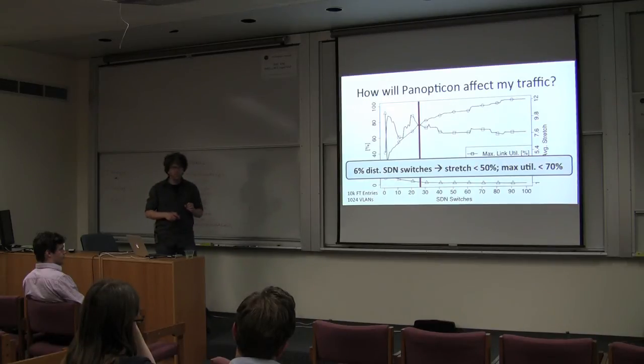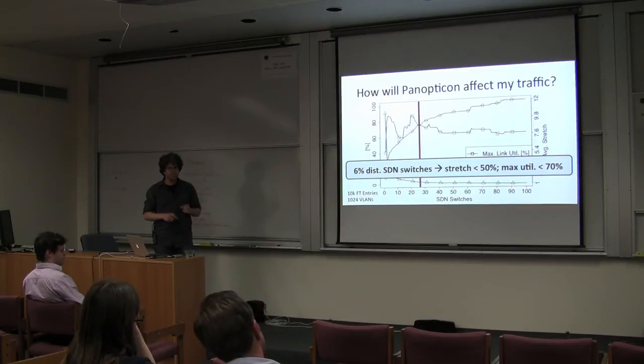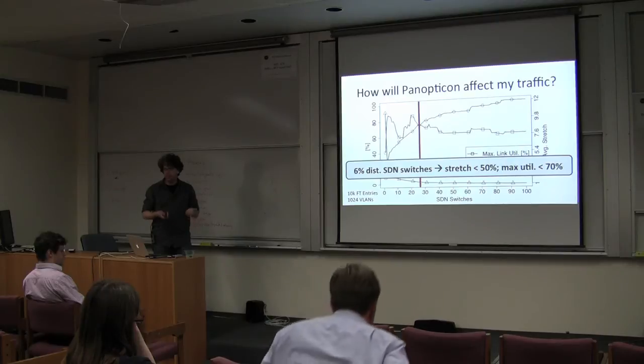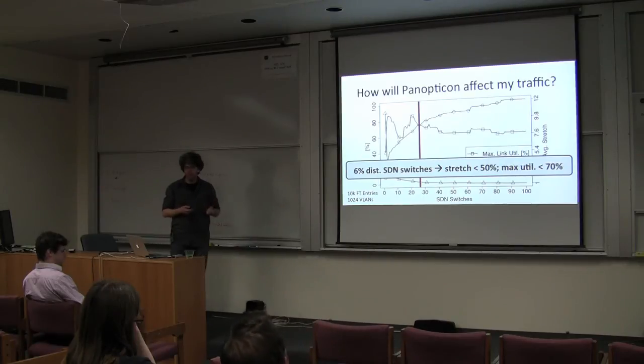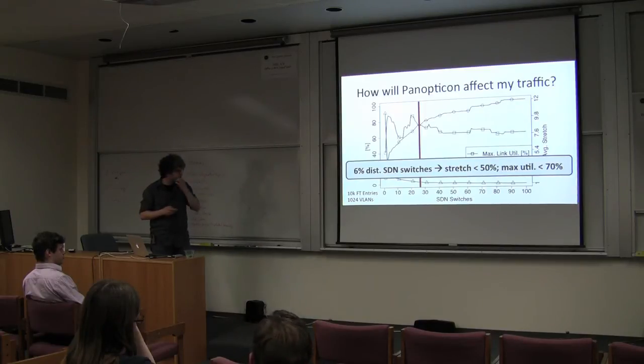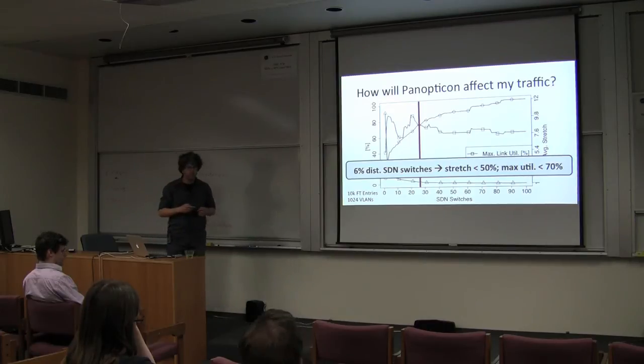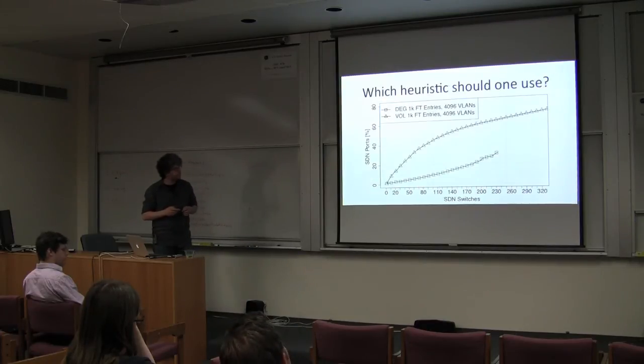So the most utilized link in the network is at 70%. And keeping in mind that we scaled the traffic up so that in the original routing, the most utilized link was 50% utilized. So this gives us a bit of confidence that a scheme like Panopticon should be able to handle traffic in the enterprise setting.